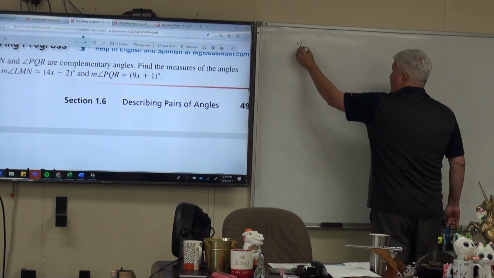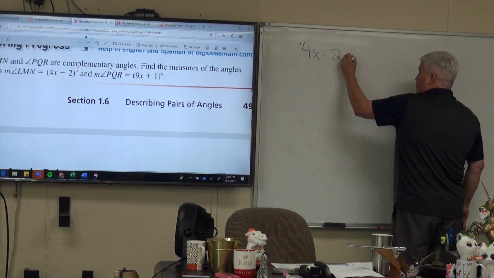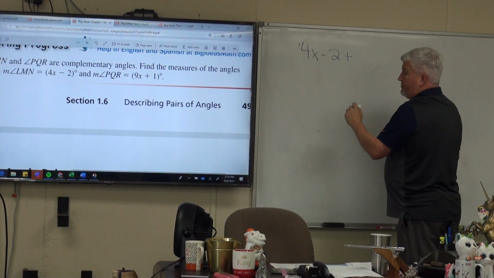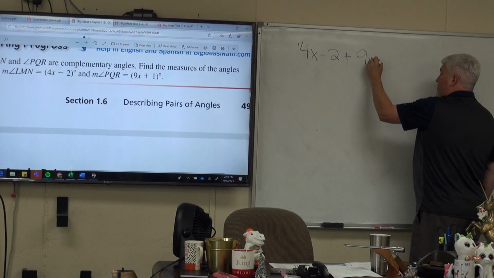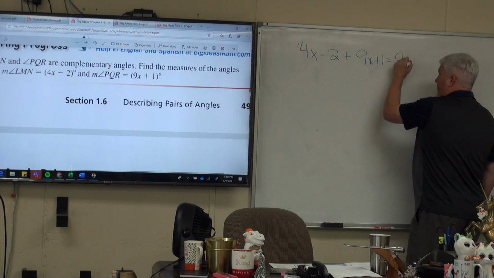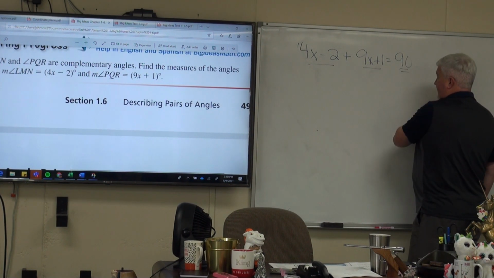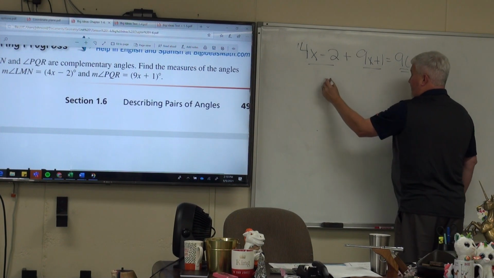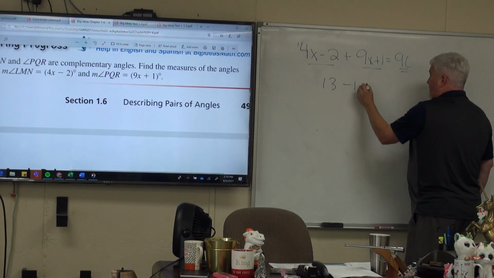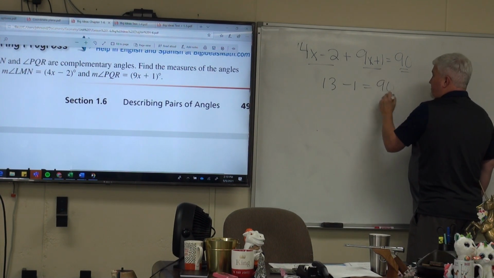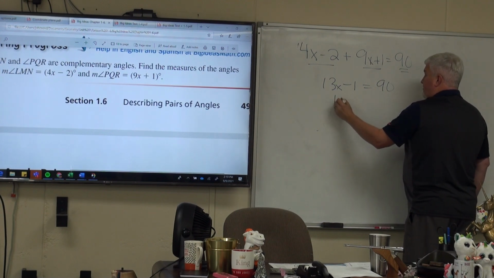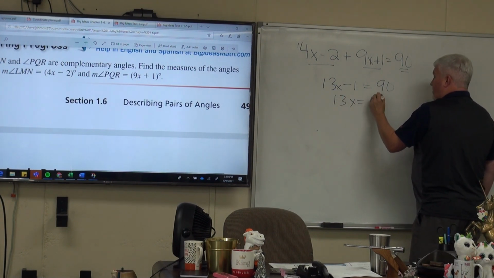Well, that's easy enough. If they're complementary, that means they add up to 90 degrees. Okay? This angle plus this angle are complementary. That equals 90. 13x minus 1 equals 90. 13x equals 91.